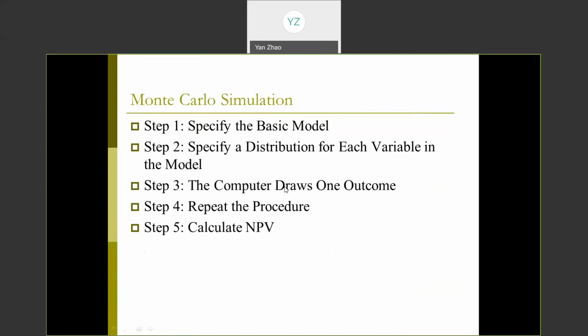The computer will randomly draw a number from this distribution, repeat our Excel calculation to compute the net present value. You repeat all the 5 steps 10,000 times, 20,000 times, 100,000 times, and then you calculate the average net present value from this simulation. If that is a positive number, you go for it. If not, you don't do it.